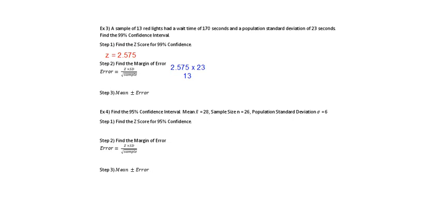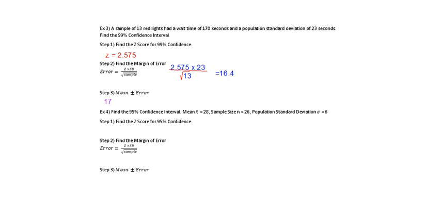Let me fill in some stuff. Here's our division sign, here's our square root sign. And if we put that in the calculator, we are going to get 16.4. Okay. Finally, we can do mean minus the error and mean plus the error.